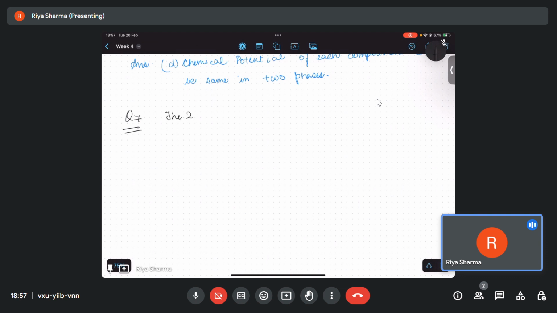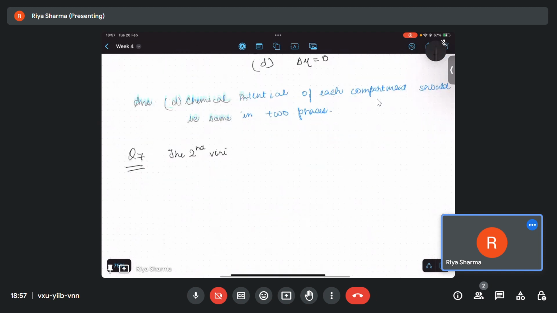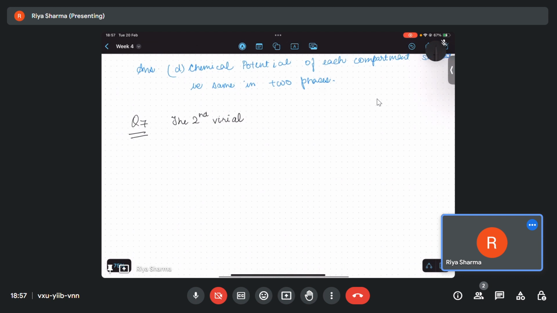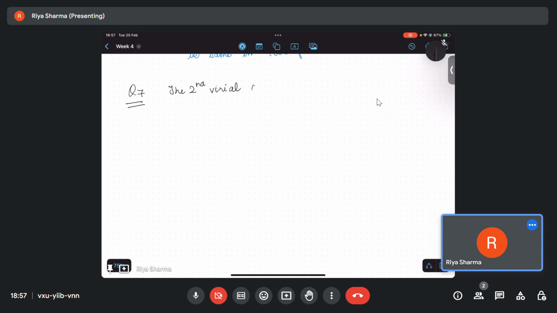Let's take another question. The second virial coefficient of a certain gas is given by B equals b minus a by T square, where a and b are constants.